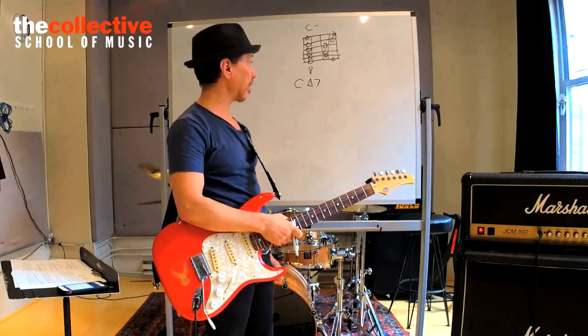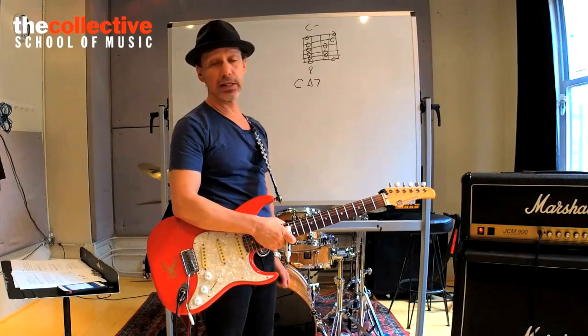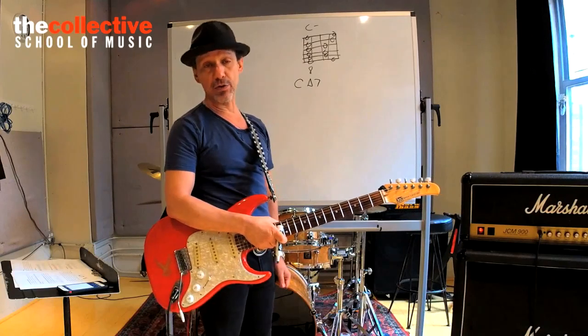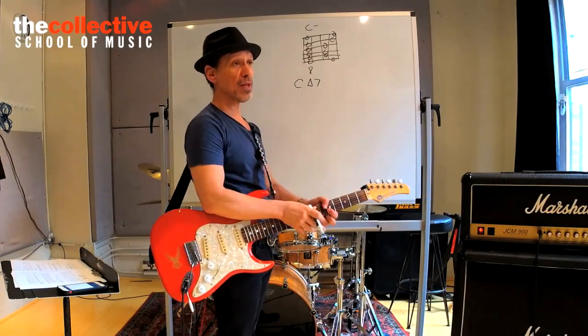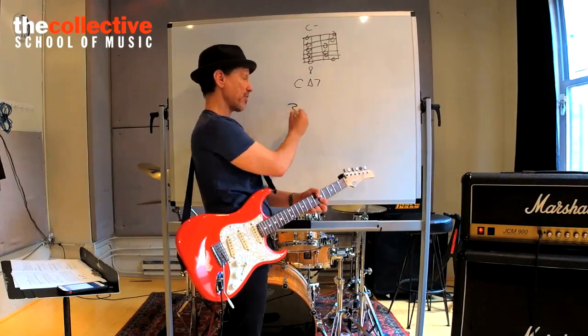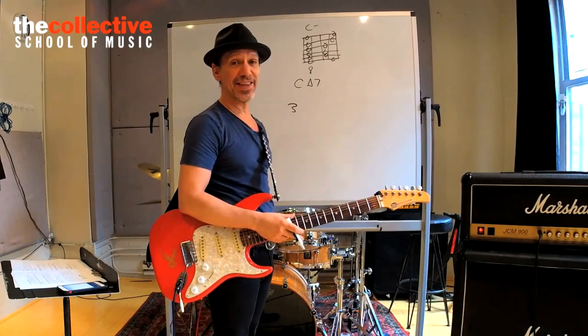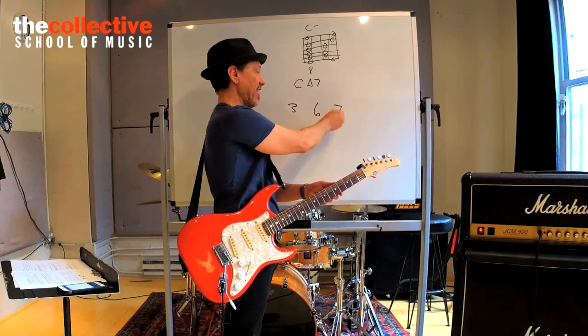All you really have to remember is the rule: for a major family chord, you can use the minor pentatonic scale on the 3rd, on the 6th, and on the 7th.